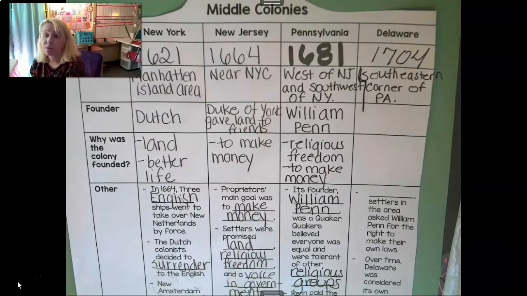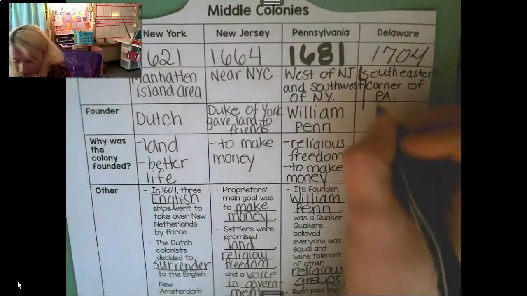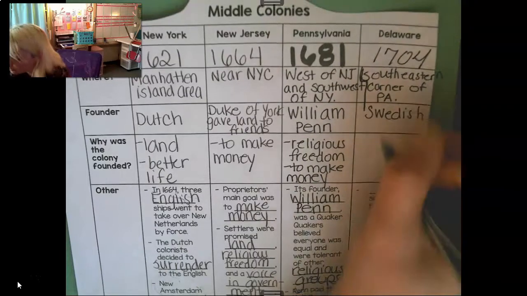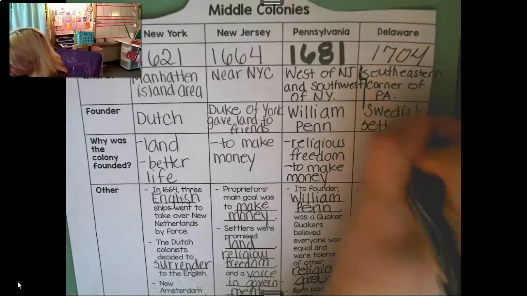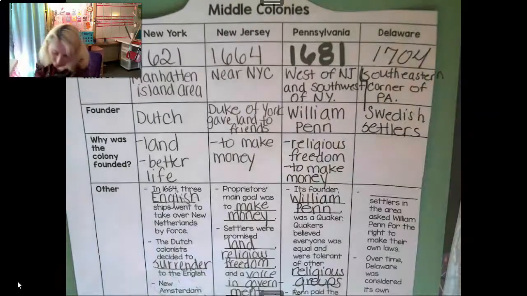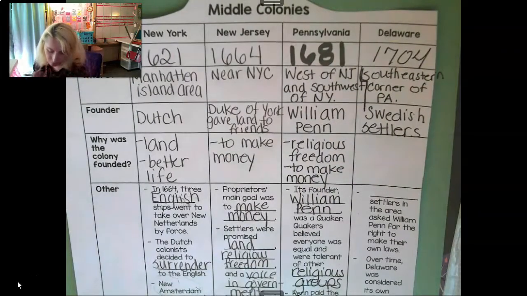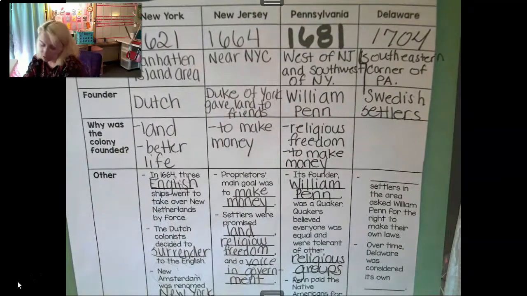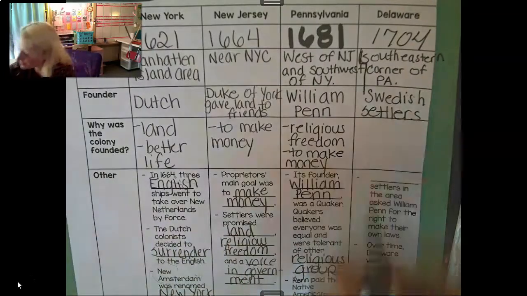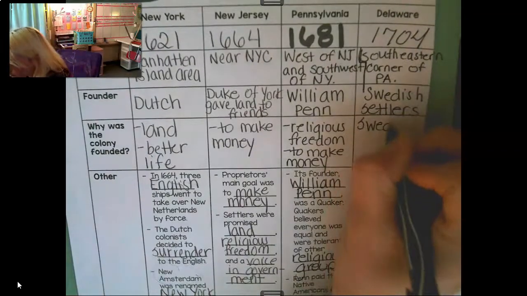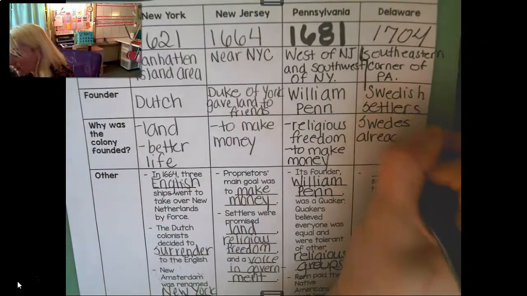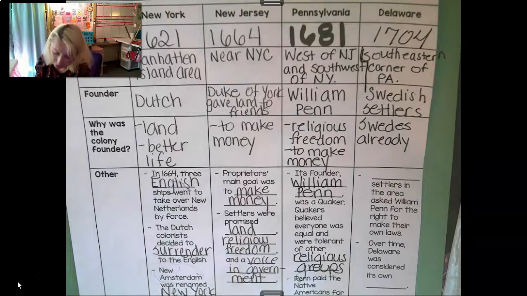The founder for Delaware, also very unique like New York was, this was Swedish settlers. So people from Sweden. Swedish people, which we call Swedes, already lived in the area, so they had already left Sweden and settled in this area.